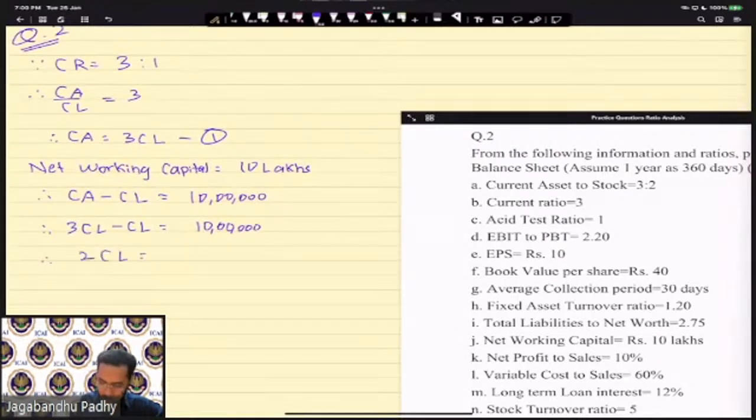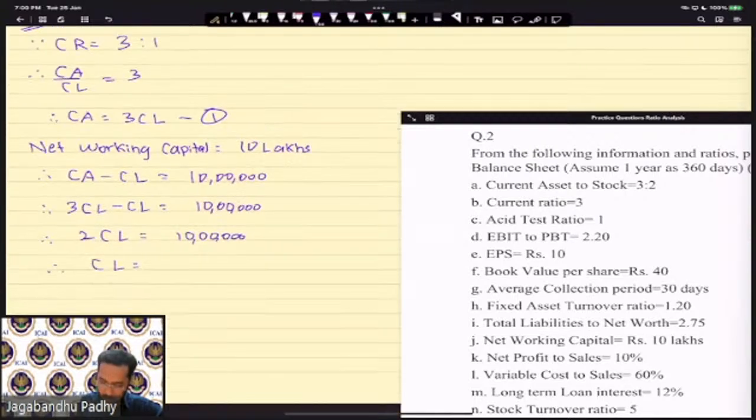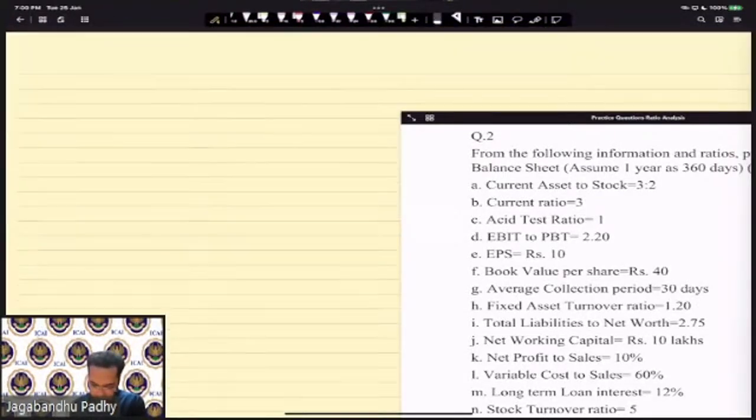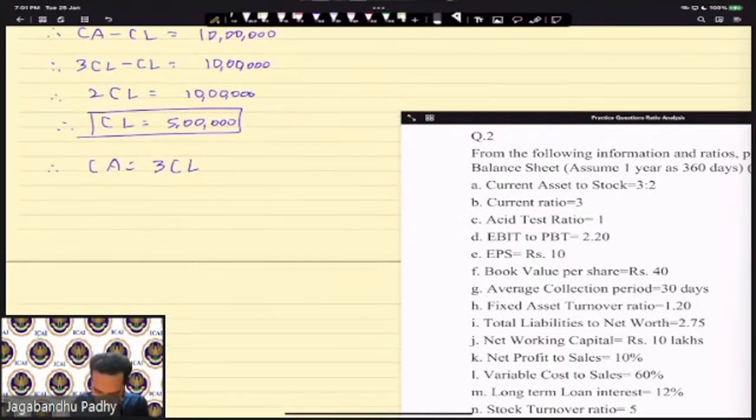Therefore, 2 times current liability is 10 lakh, and we get a current liability of 5 lakh. Now, current asset is 3 times current liability, which is 3 times 5 lakh.